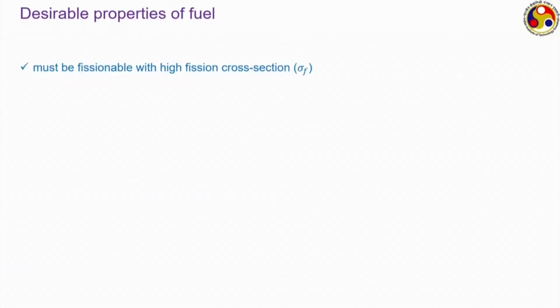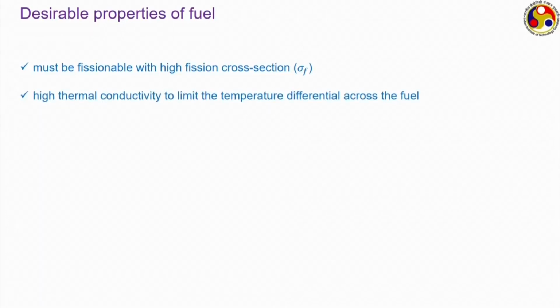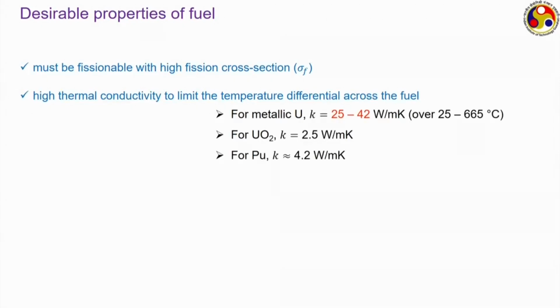So, with all these kinds of fuels, while choosing the fuel for any reactor we can consider several factors. The fuel must have a very high fission cross section. Secondly, it should have a very high thermal conductivity. If the thermal conductivity of the fuel is high, then the temperature change across the fuel itself will be quite small. These are common values of thermal conductivity.